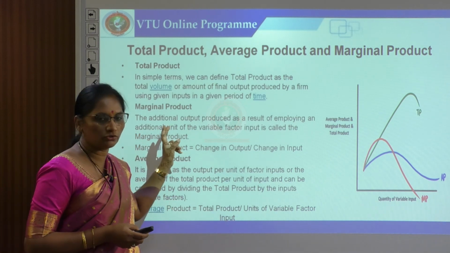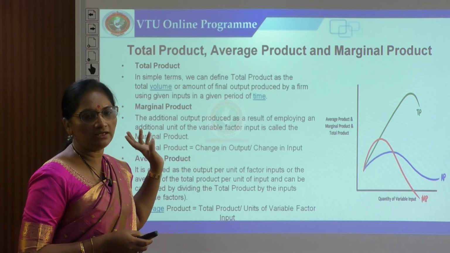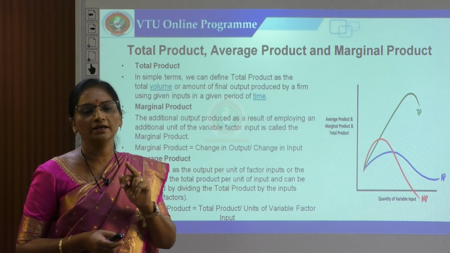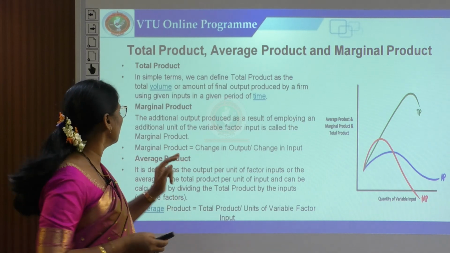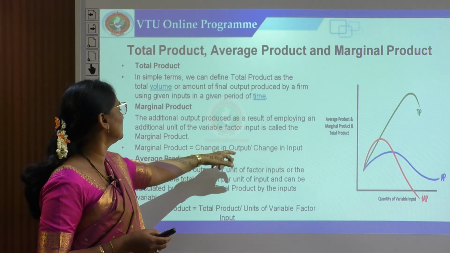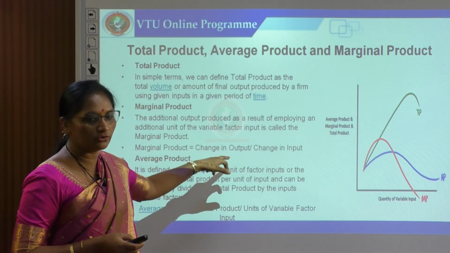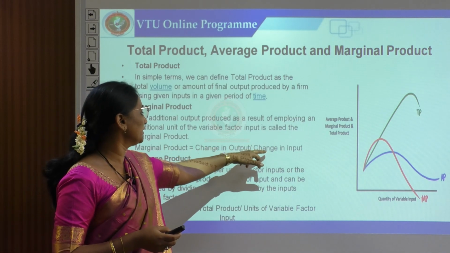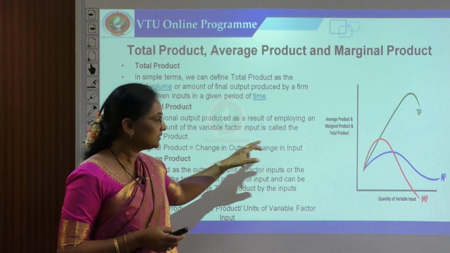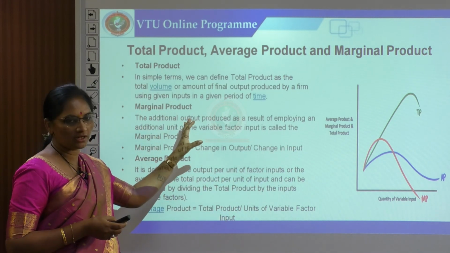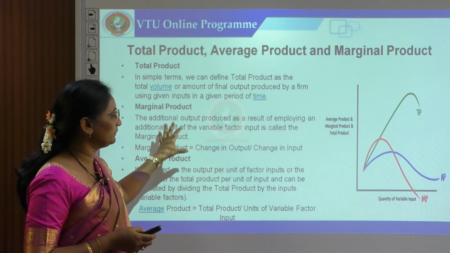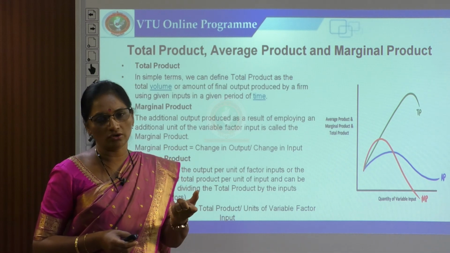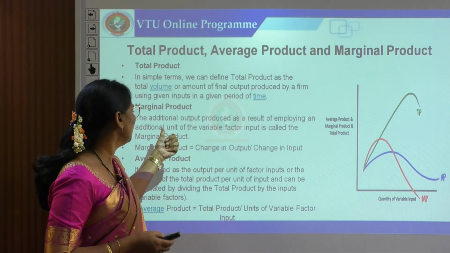Marginal product is equal to change in output divided by change in input, that is delta Q over delta I. This marginal product concept helps us check whether our additional use of inputs is really worthwhile or not.